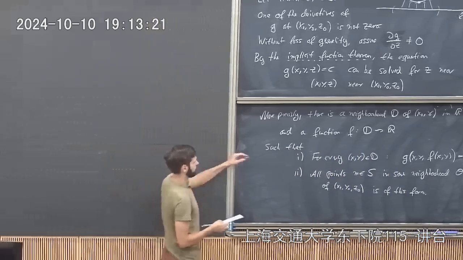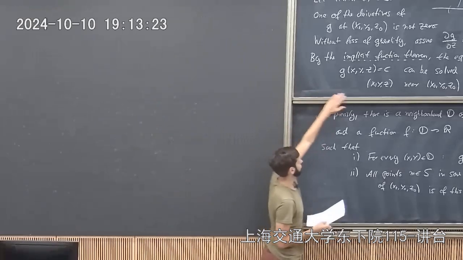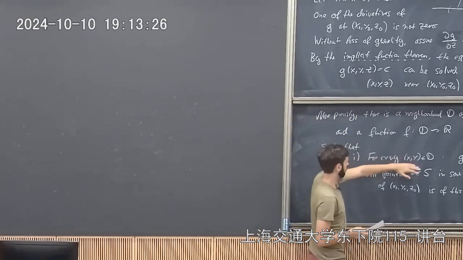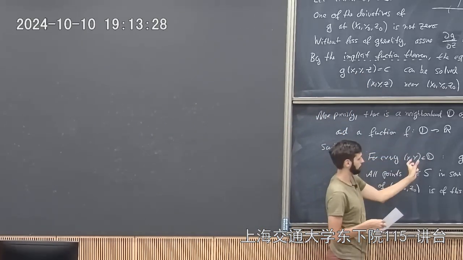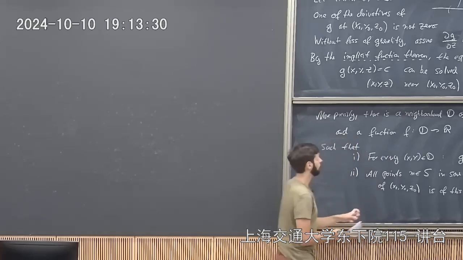So we can solve this equation for z, namely there exists a function that tells you, given x and y, what the z coordinate is.